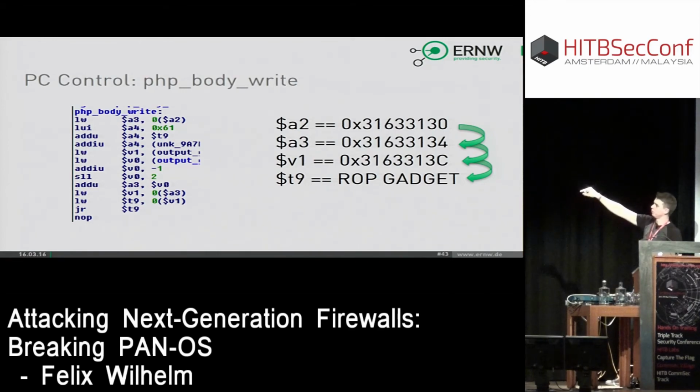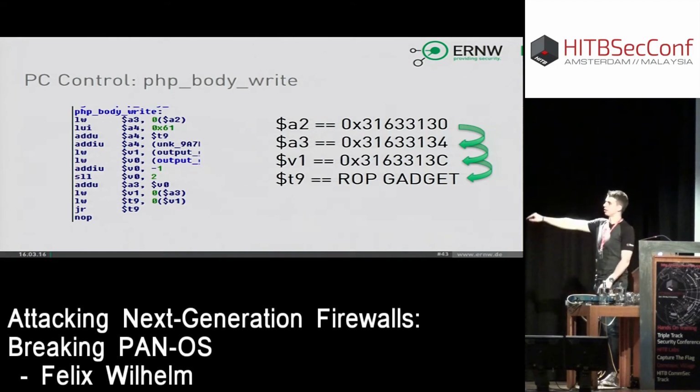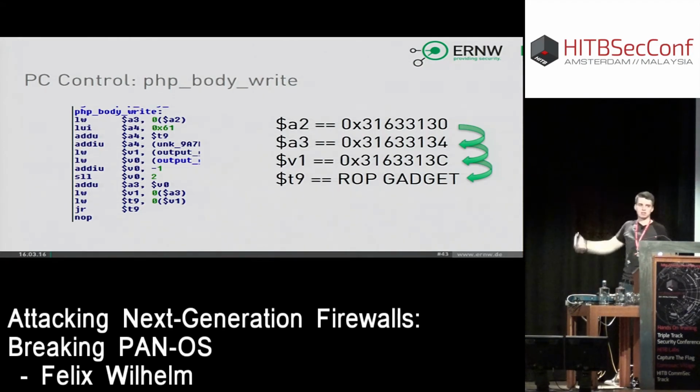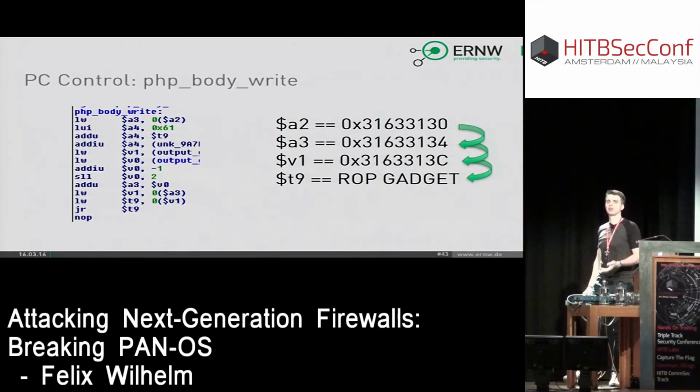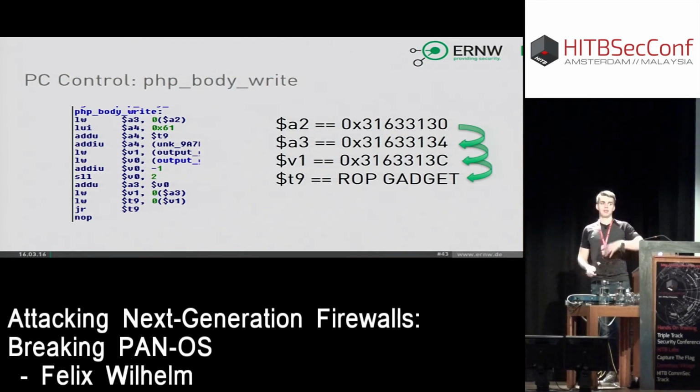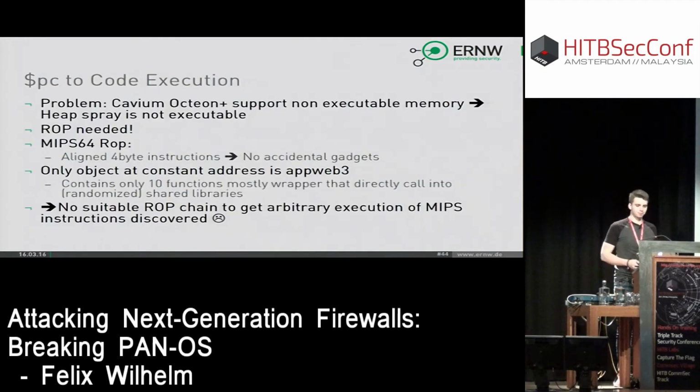Then we control the V1 register, which again points into the next location of our heap spray. And then we see here's a dynamic jump. So this is the final function pointer in the T9 register. And we put the address of our ROP gadget into the T9 register to get final code execution. And then we can jump into our ROP chain.